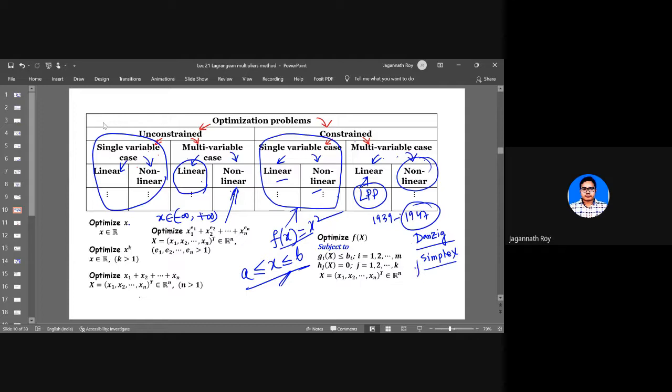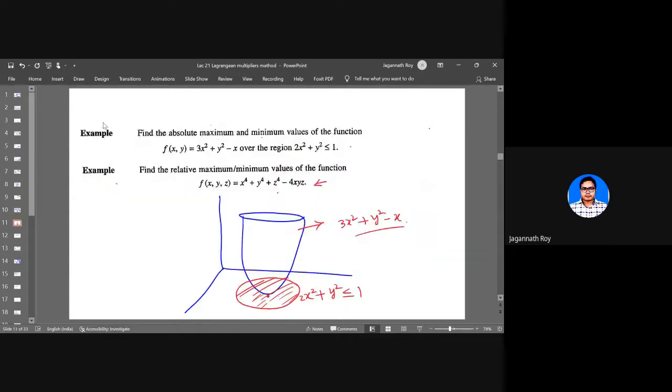In fact, you will realize that we have discussed some of the concepts of constrained nonlinear optimization in one of the earlier classes. So more or less, this is a nonlinear function over the nonlinear region.